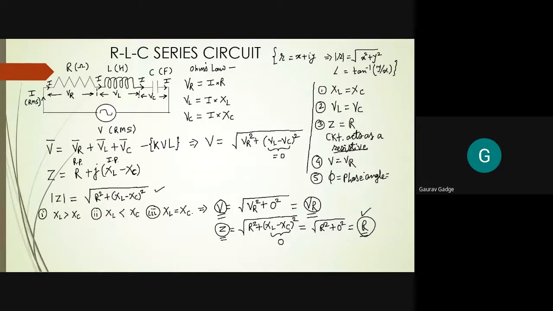Okay, now if the circuit is acting as a resistive circuit, the phase angle phi is equal to 0 degree. Why 0 degree? See, already we have drawn the phasor diagram.